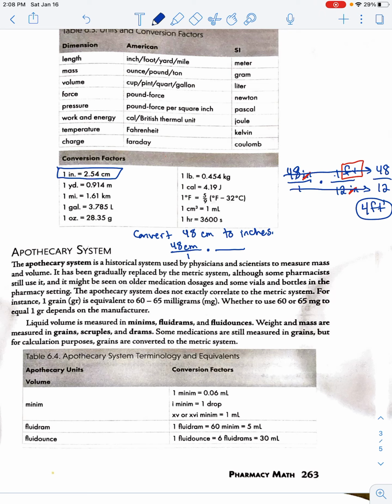So let me ask you, would you write the 2.54 centimeters at the top of your conversion factor or the bottom? You'd write it at the bottom. And you'd write 1 inch at the top.